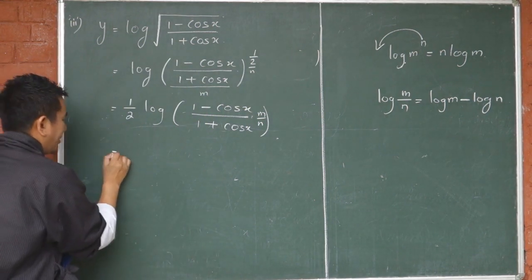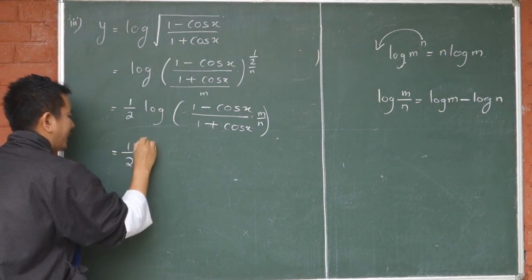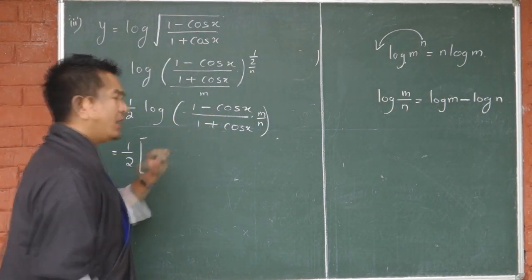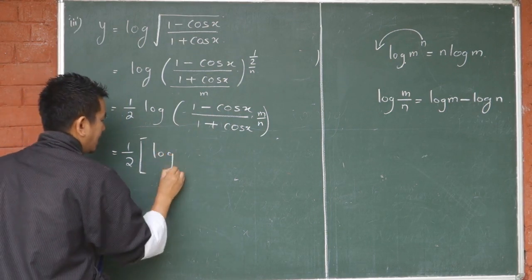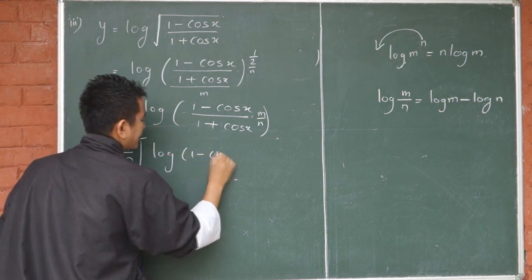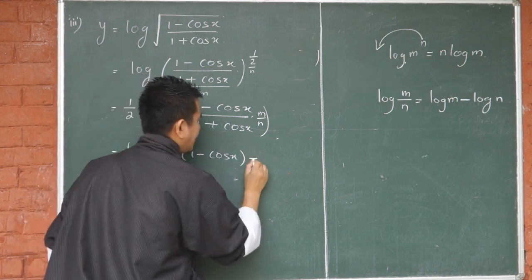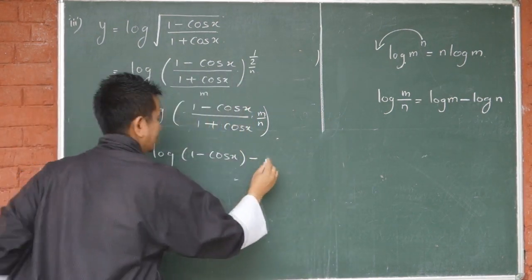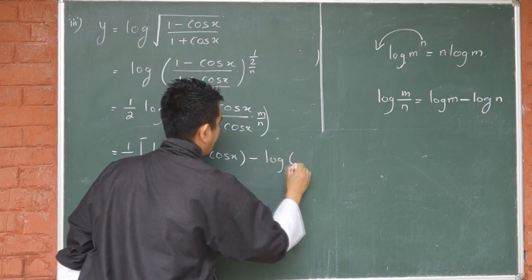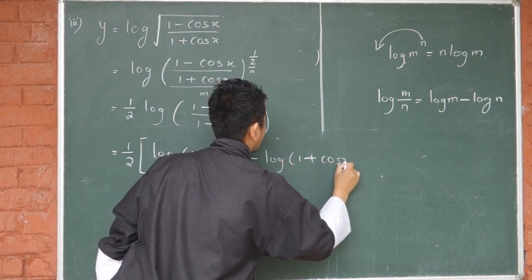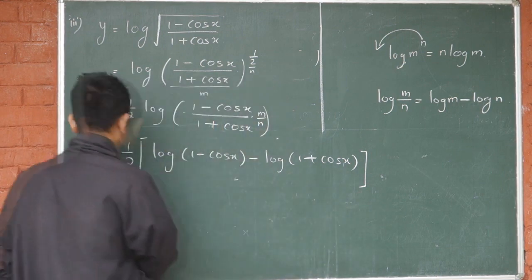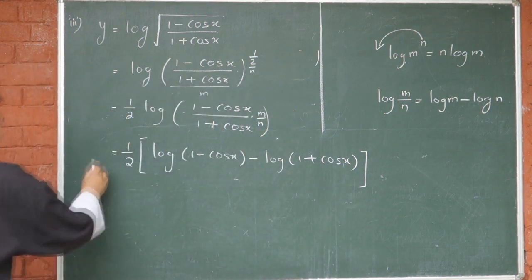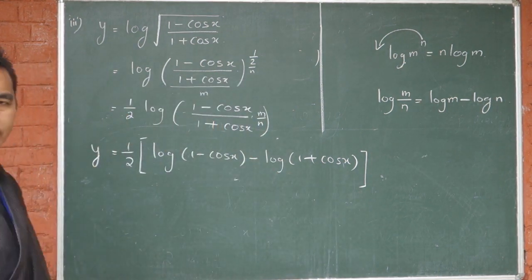Keeping this, remember, for this half, you put one bracket, apply the logarithm law, this becomes log of (1 minus cos x) minus log of (1 plus cos x). Close this bracket for this half. This is nothing but 1.